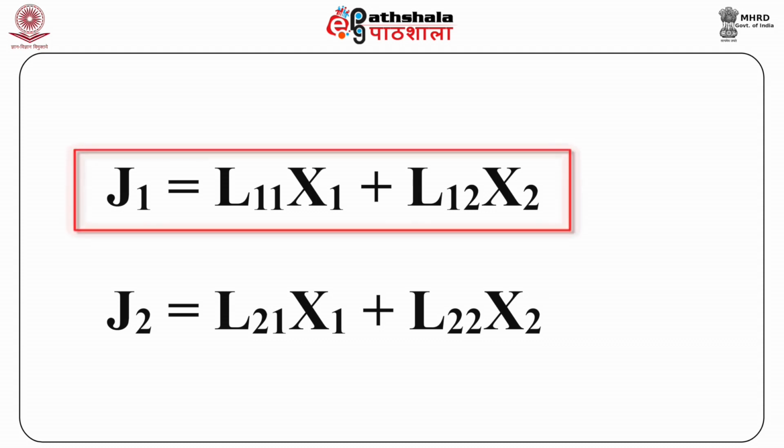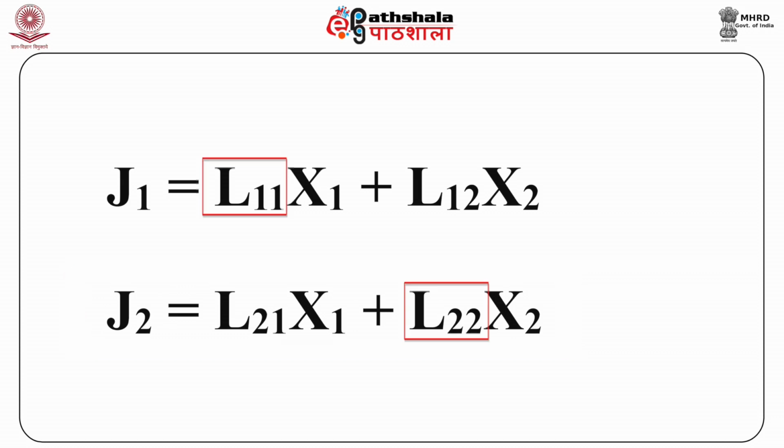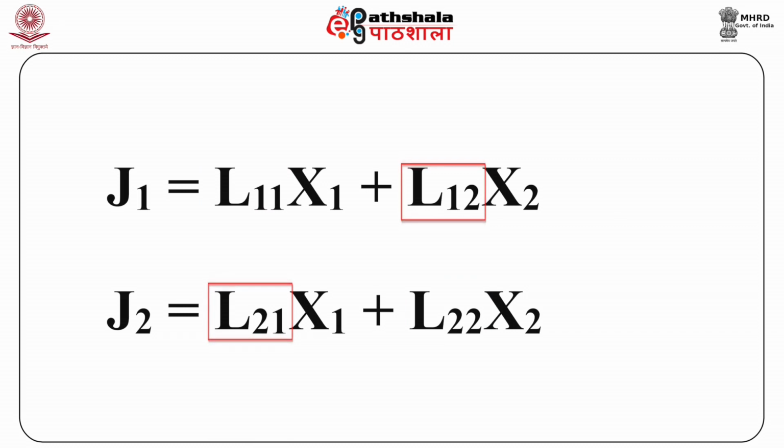That is, J1 equals L11 X1 plus L12 X2, and J2 equals L21 X1 plus L22 X2, where L11 and L22 are the direct or diagonal coefficients and are always positive, and L12 and L21 are off-diagonal coefficients that describe the interference or coupling of the two irreversible processes 1 and 2. They may be positive or negative.